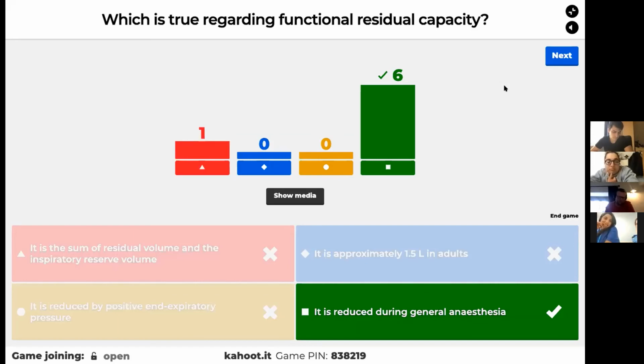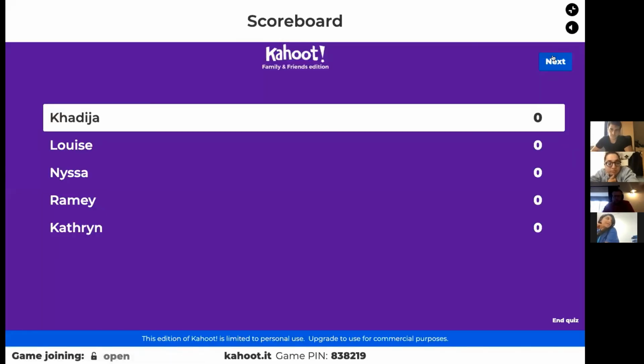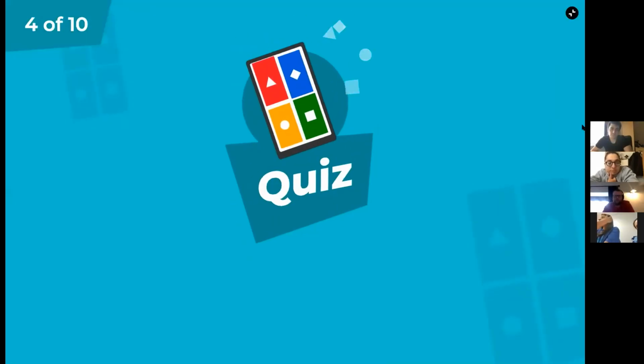But the most important one, in this case, is that it is reduced during general anaesthesia. The functional residual capacity is usually 2.5 to 3 litres, by the way. Okay, well done. So next question.